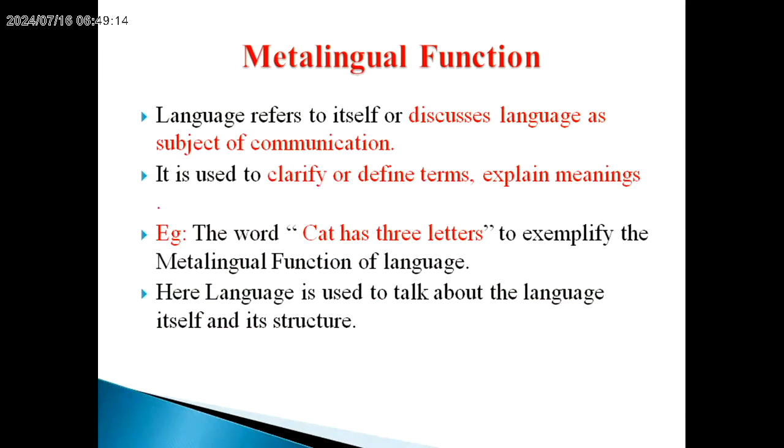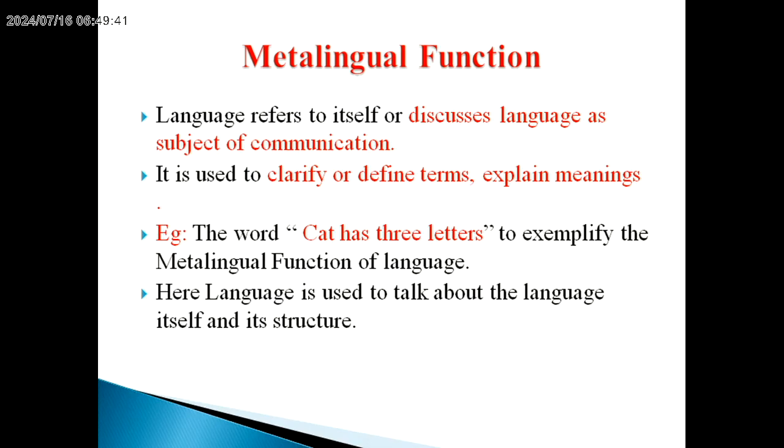The next is the metalingual function. Language refers to itself or discusses language as a subject of communication. This is called the metalingual function. By using the metalingual function, one clarifies and defines terms and explains meaning. The language we use to define something, to explain something, is the metalingual function.